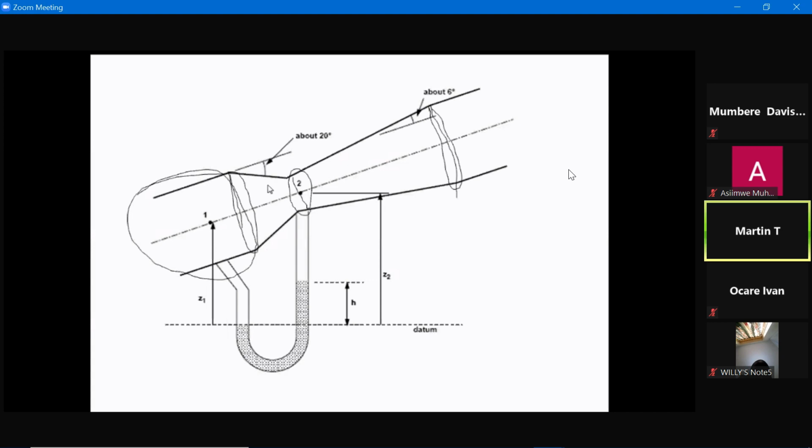Now you can have another diffuser where the first part is maybe 15% or 10% or whatever percentage, and then the diffuser is maybe 8%. Now the coefficient of discharge is, for example, remember we are taking flow from section area 1.